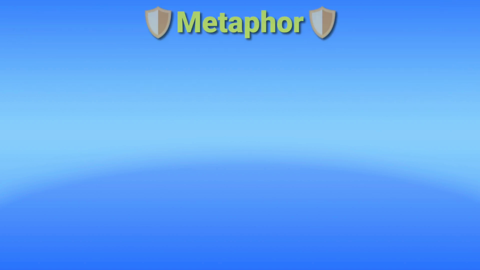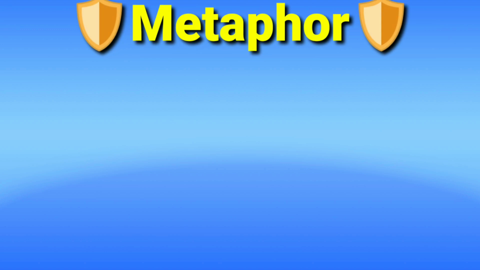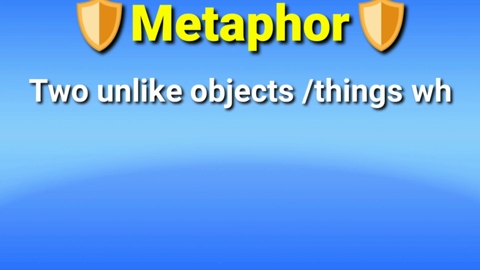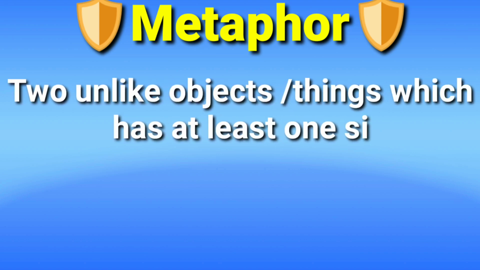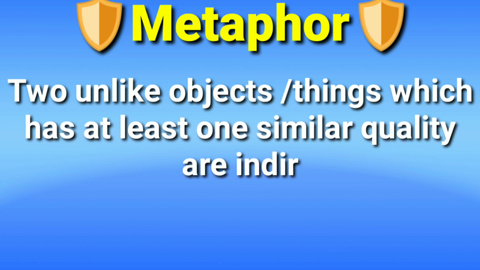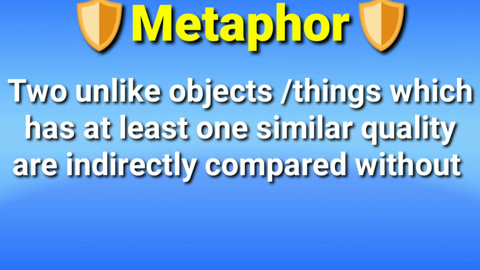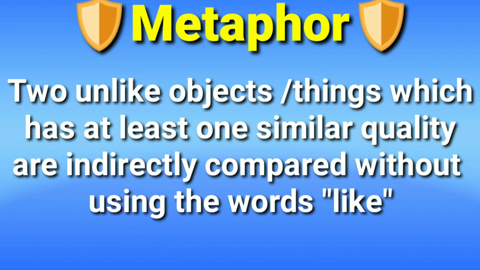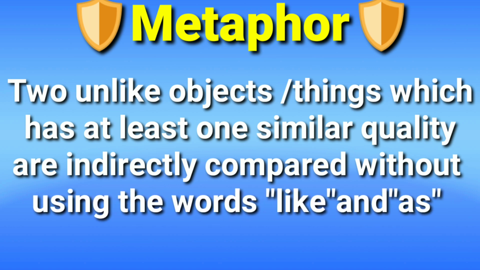Let's move to the next figure of speech, metaphor. The definition of metaphor is very much similar to simile, but there are differences too. Let's see what the definition is. Two unlike objects or things which have at least one similar quality are indirectly compared without using the word like or as.